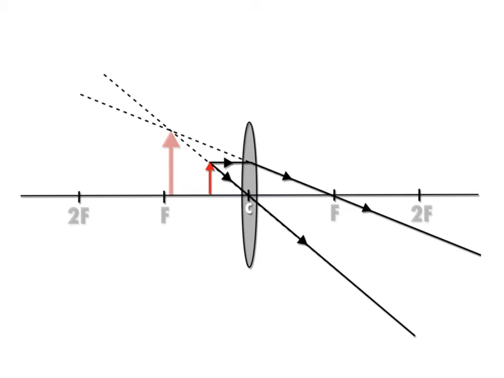It's an upright image. It's magnified, and it's what we would call virtual. We have to look through the lens to see it. These rays will never form an image on a screen. We have to look back through in order to see this. And so that's how we determine the location of the image when we use a converging lens as a magnifying glass.